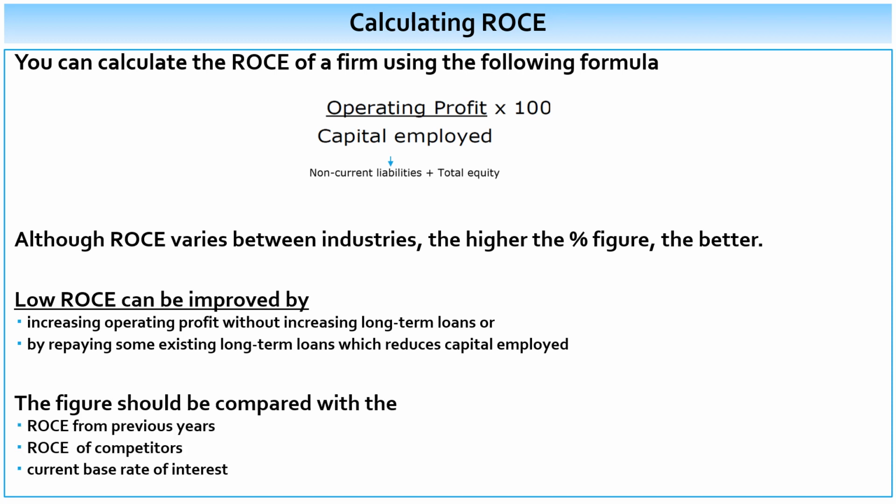We should be comparing this figure with the return on capital employed from previous years, return on capital employed of competitors in the same industry, or maybe the current base rate of interest. Rather than investing our money in this business, we could always just invest our money in the bank and earn a particular rate of interest.